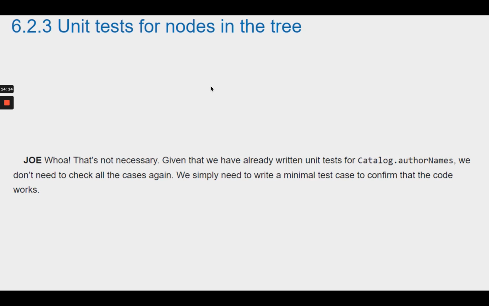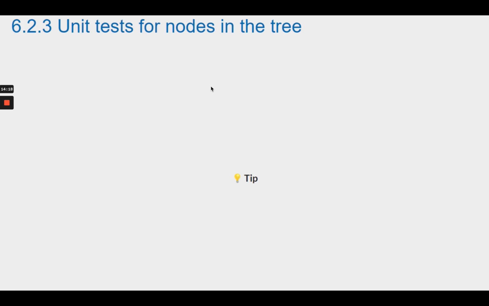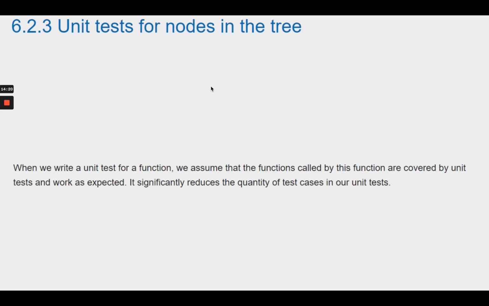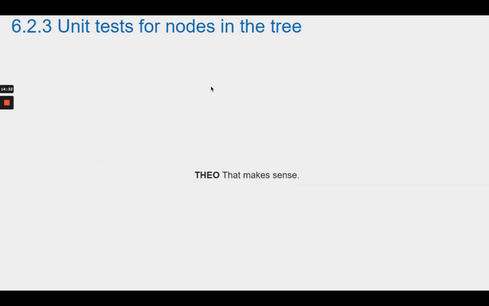We simply need to write a minimal test case to confirm that the code works. Tip: when we write a unit test for a function, we assume that the functions called by this function are covered by unit tests and work as expected. It significantly reduces the quantity of test cases in our unit tests.